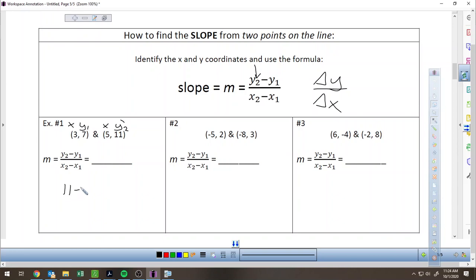So 11 minus 7 over x2 minus x1, 5 minus 3. That can simplify to 2. But you need to do y2 on top minus y1, x2 on bottom minus x1.